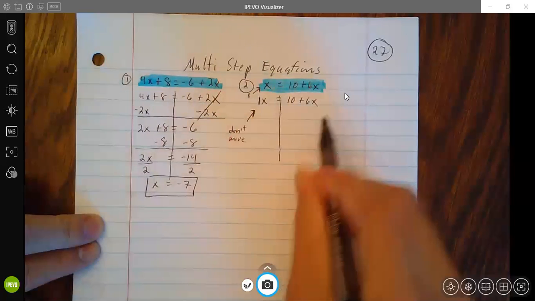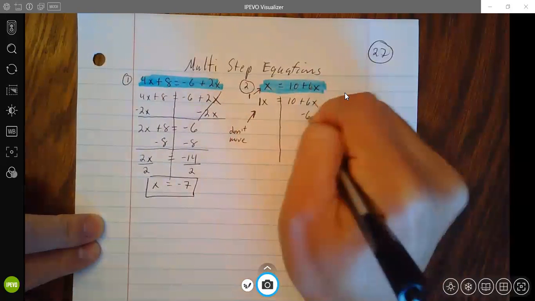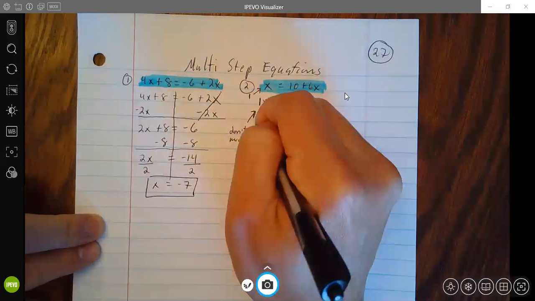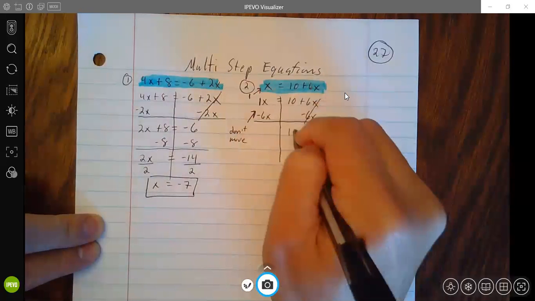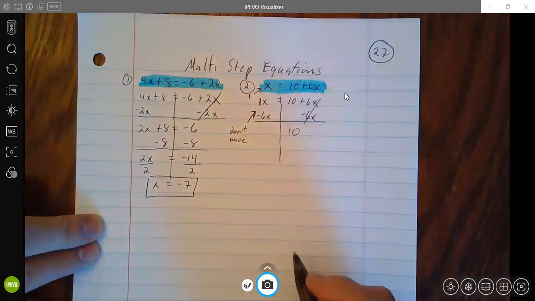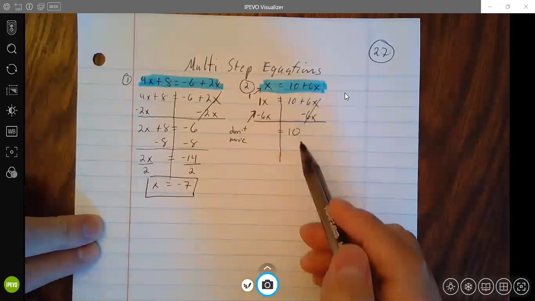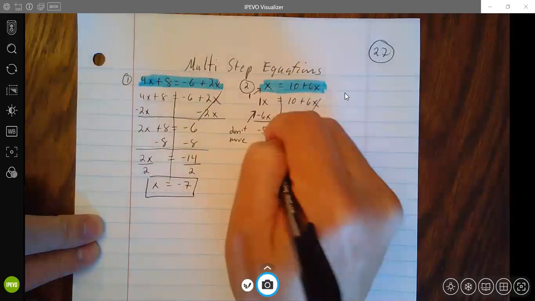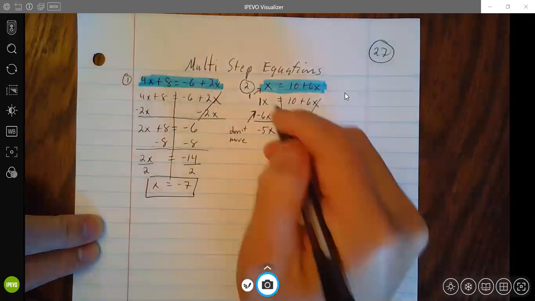Move the 6x. It says plus 6x, so I'm going to minus 6x. Okay, so I have 10 left on the right side. The left side, I have 1 minus 6. For the x's, 1 minus 6 is negative 5. Right? That says negative 5 times x.